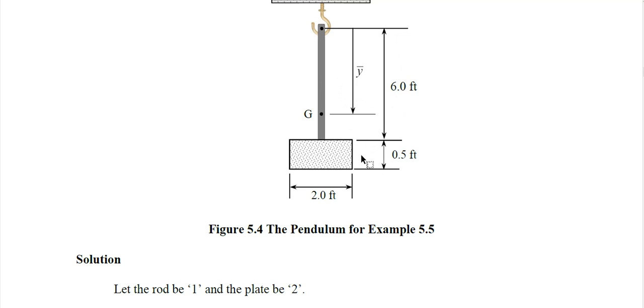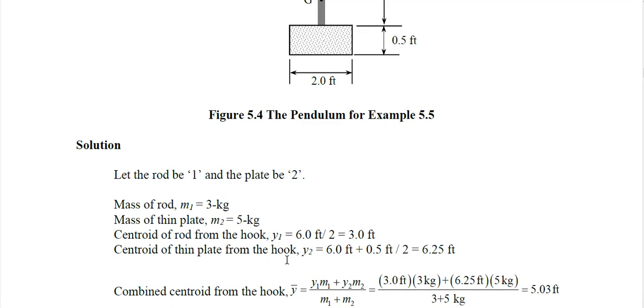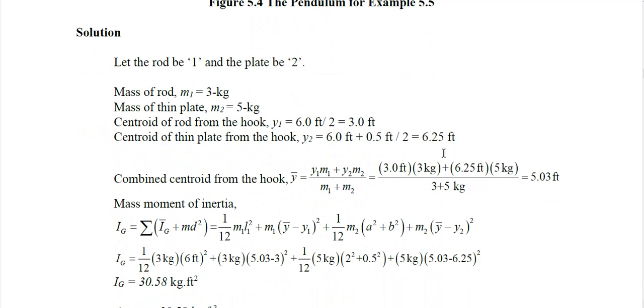What is the centroid of this from here? It will be 6 plus half of this, that means 6.25. The centroid of the plate: 6 plus half of this, 6.25. So whatever we discussed is right. Then after the calculation we found our centroid.